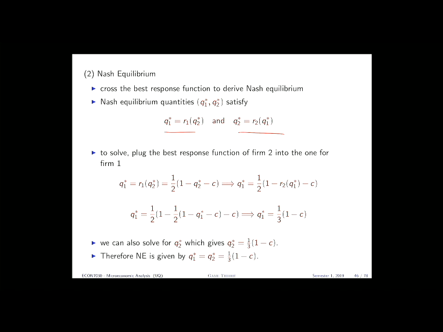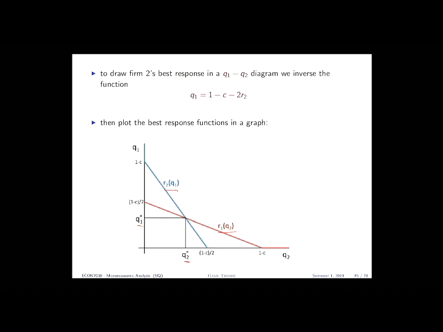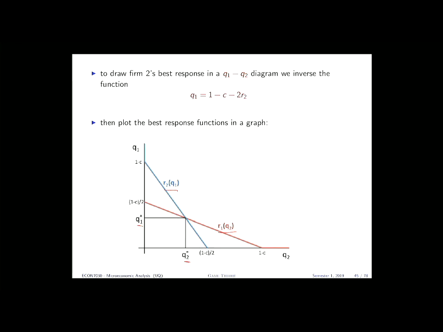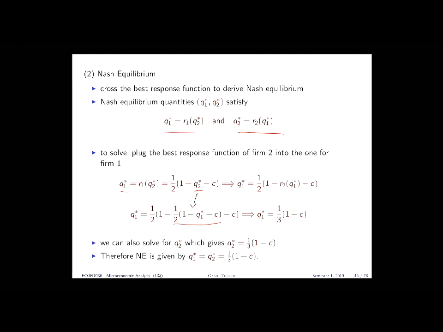And how it works is that we write Q1 star, and now we substitute Q2 star from the best response of firm 2. So this is exactly the best response of firm 2. Okay? Now, as you can see, we have a function of only one variable, and that's Q1 star. If we solve that, we get Q1 star equal to 1 over 3 times (1 minus C).